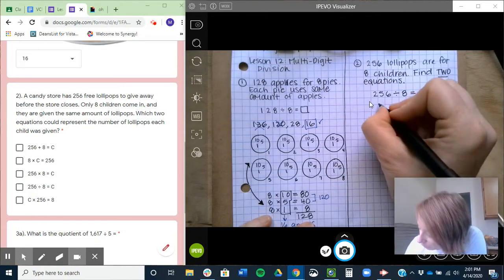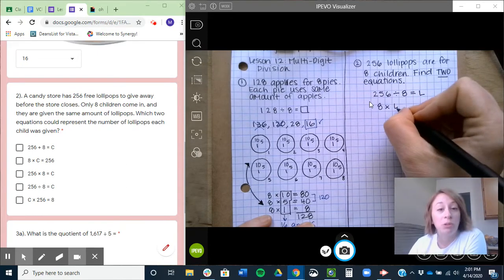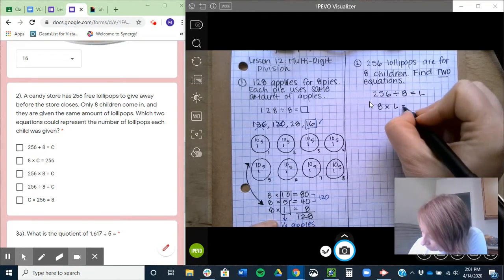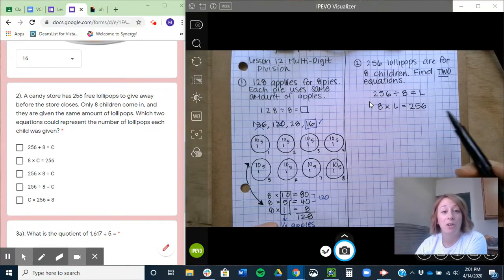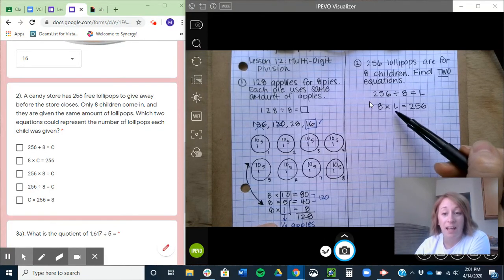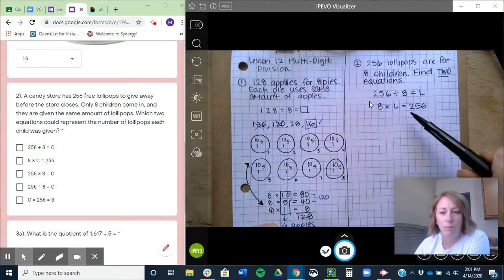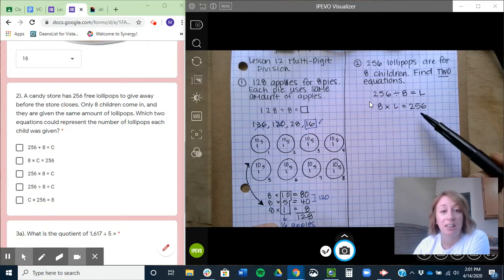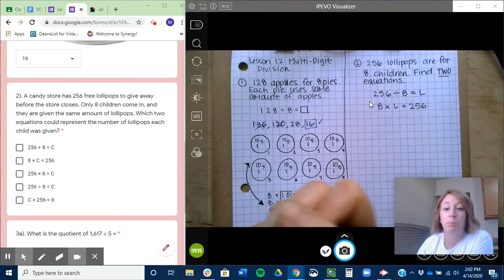If you thought that we could write it as 8 times L, which represents lollipops, equals 256, you're correct. The 8 represents each child, and the L represents how many lollipops each of those 8 children will get. Altogether, that should be 256 lollipops.